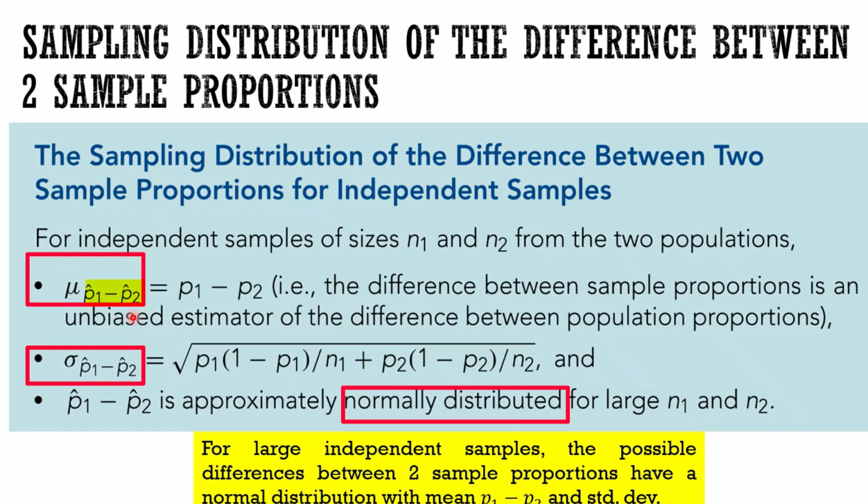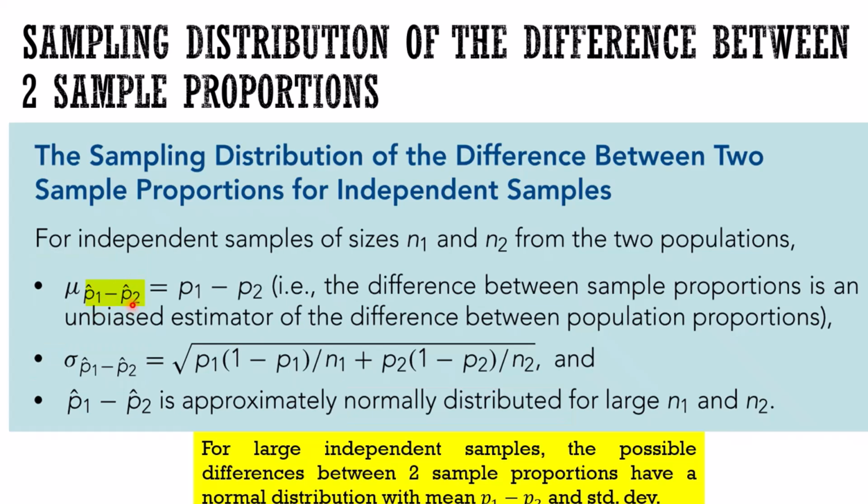Again, recall, whenever we are working with two population parameters, we are always referring to the difference. So that is why they have p hat sub 1 minus p hat sub 2. It is the mean of the difference of all possible sample proportions from the two samples in this case.